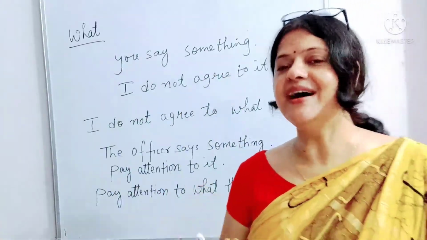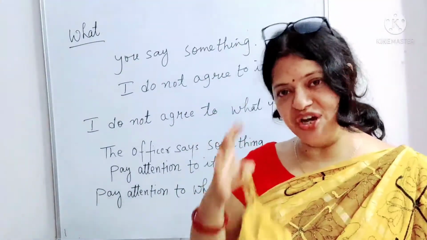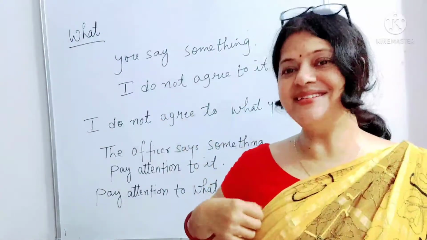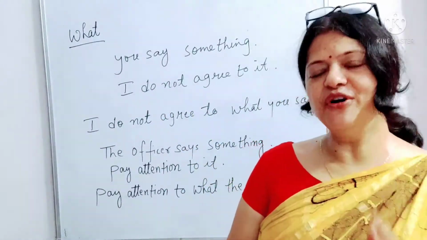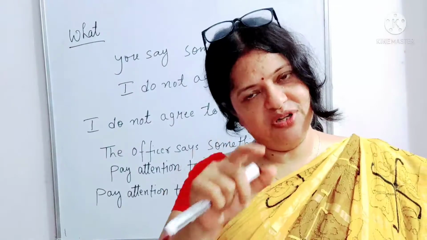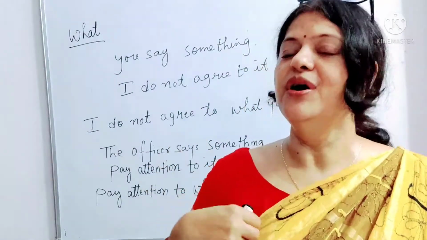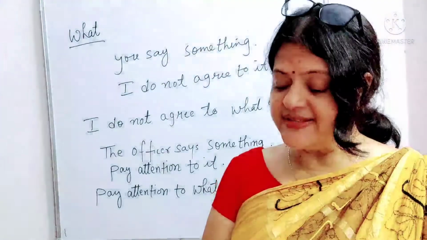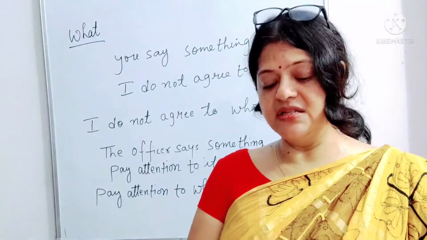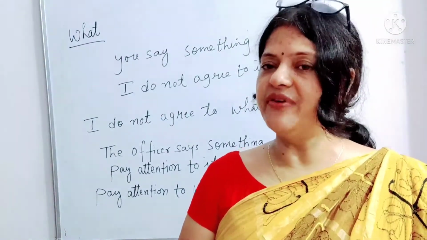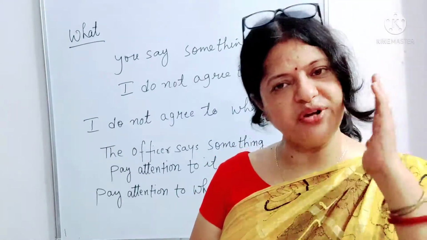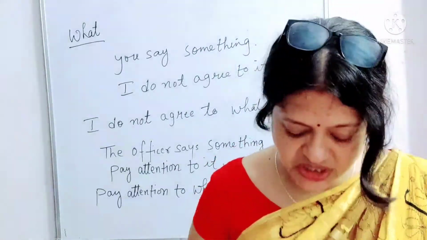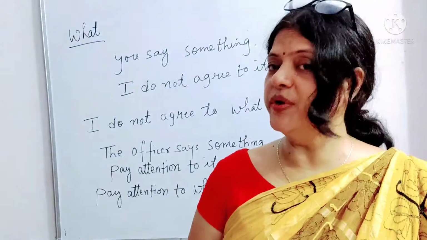Okay, now let's see how we can add the conjunction what in adding sentences. So first of all, you must know the conditions for using the conjunction what. First, you need to identify that one sentence should end with on it, in it, to it.